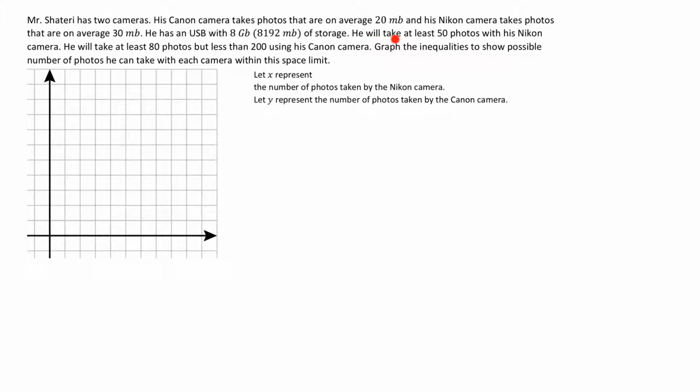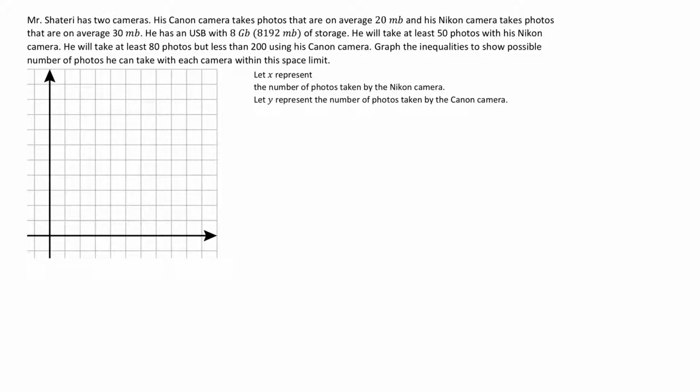He will take at least 50 photos with the Nikon camera and at least 80 photos, but less than 200, using his Canon camera. Graph the inequalities to show the possible number of photos he can take with each camera within this space limit.